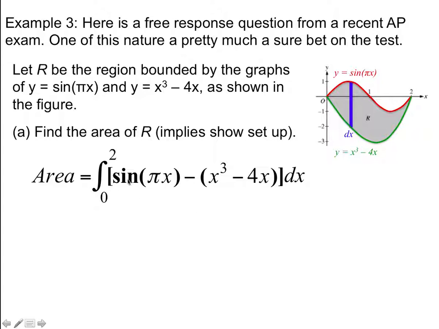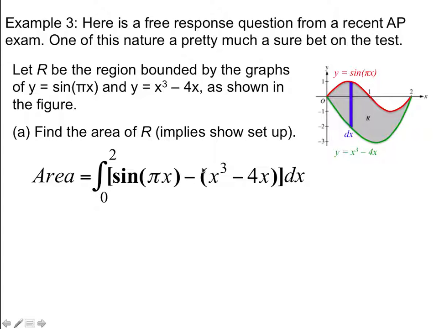And then the third point is making sure that you have the correct functions in the correct spots and that you have correct brackets. So in other words, we need a set of brackets here so that they know that the pi x is part of the trig function. And we need a set of brackets here, potentially, so that we know that we're subtracting this whole function.